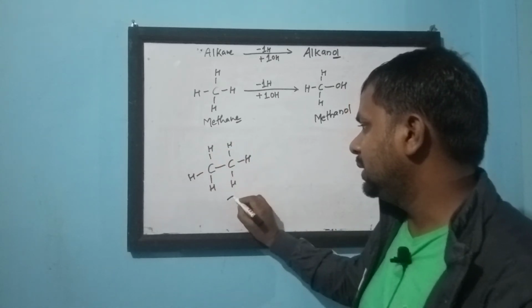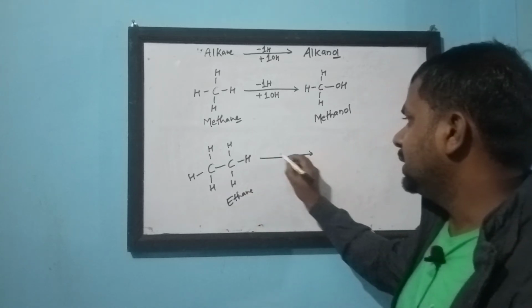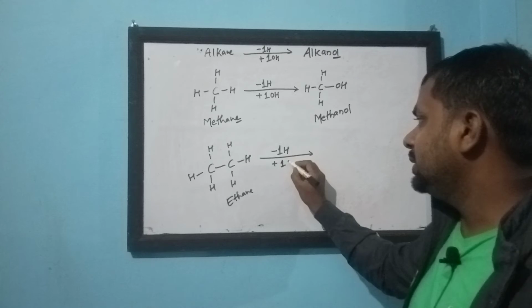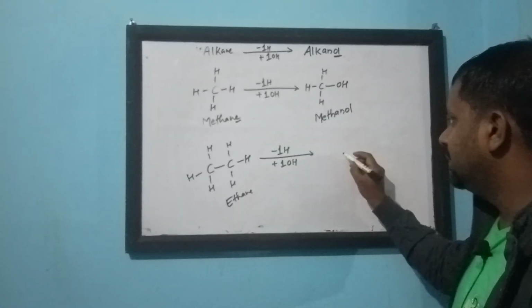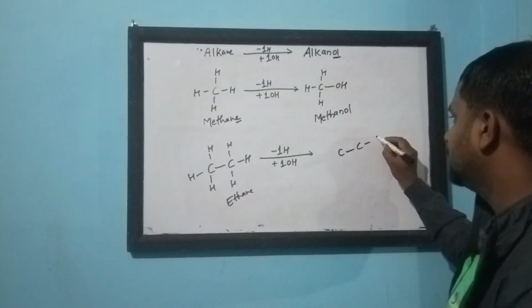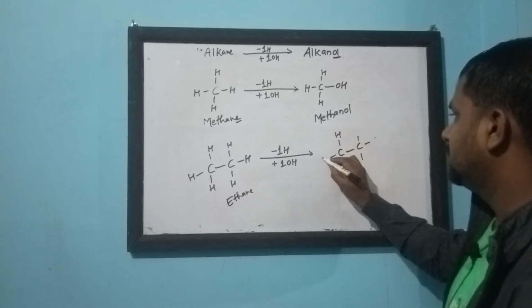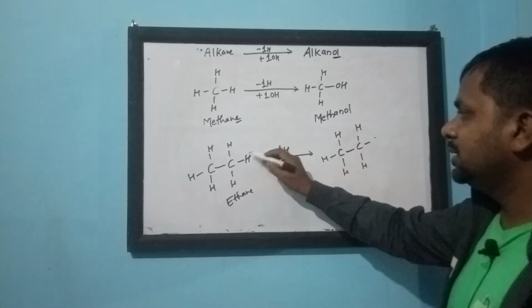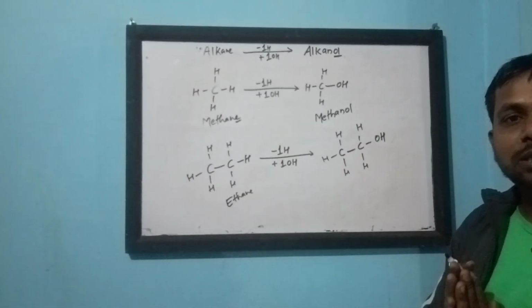If from ethane one hydrogen is removed and one OH is added there, then what is the name of this alcohol?